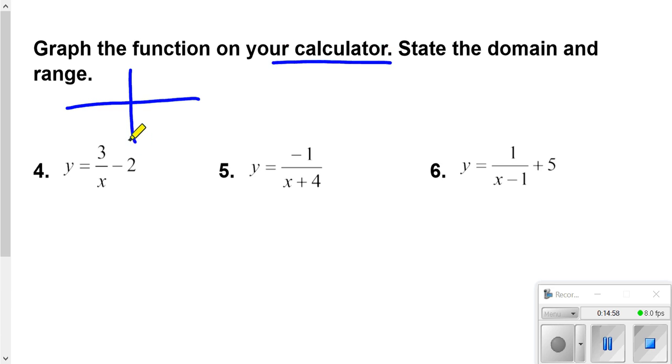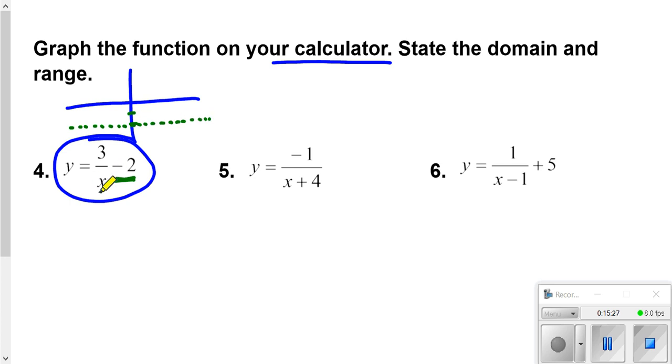Put this in your y equals, look at zoom standard, look at what you see. The calculator is not going to show you the asymptotes necessarily, so make sure that you think about where the asymptotes for this graph should be. For instance, in number 4, that -2 is going to move it down 2, so I know I have a horizontal asymptote at -2.